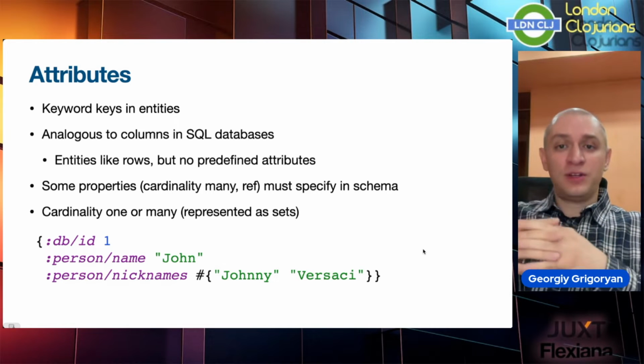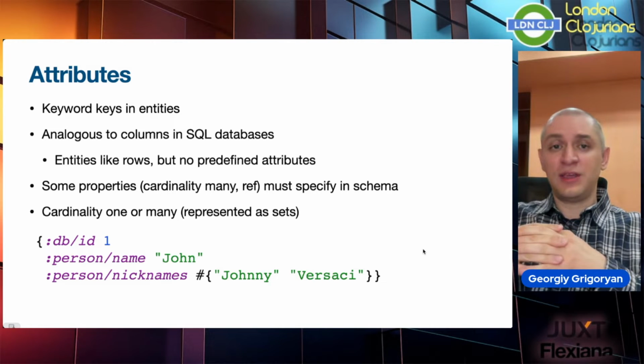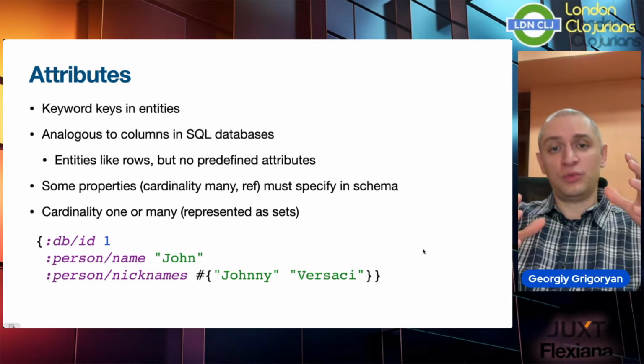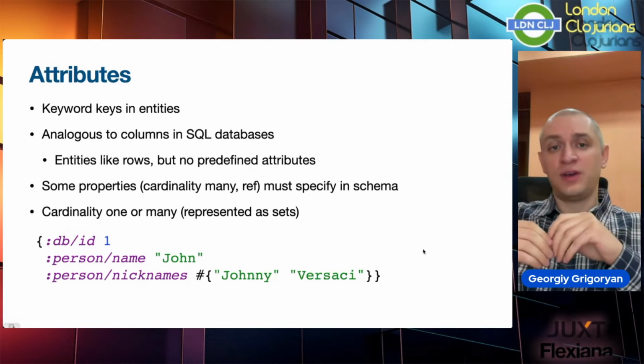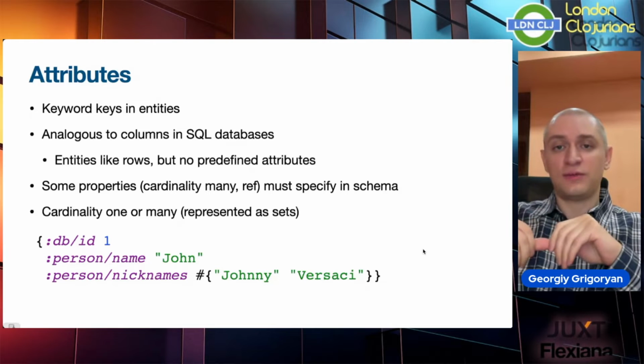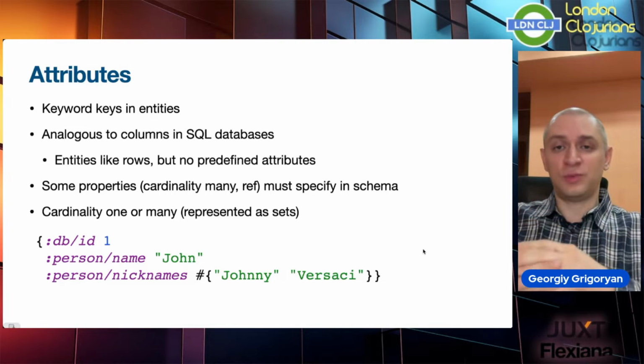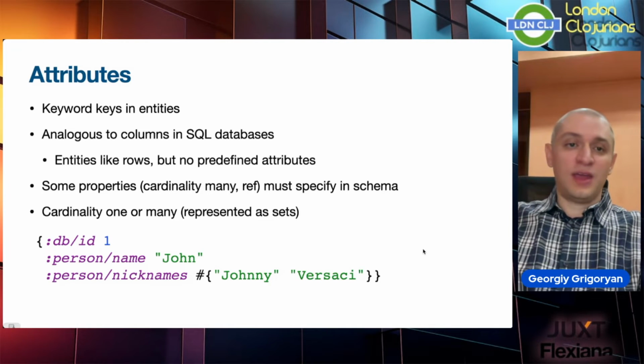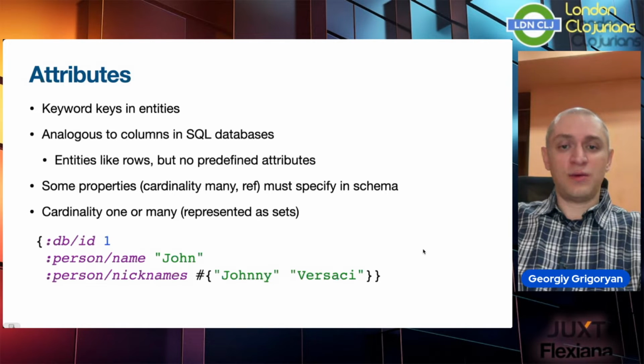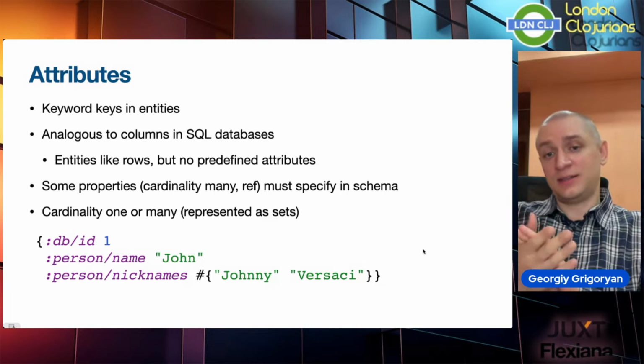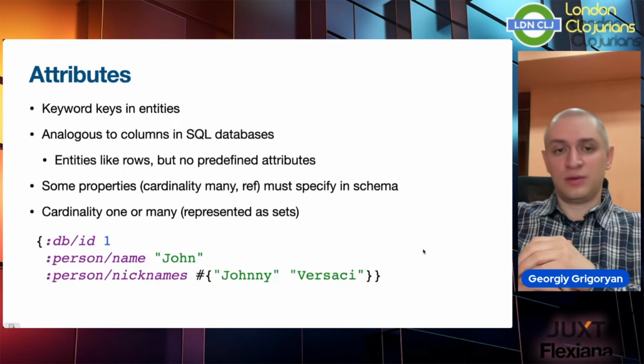And some properties must be specified in the schema. So if you want the attribute to be cardinality many, you have to specify it. If you want it to be a reference, you have to specify it, but otherwise you don't have to specify anything. And just for cardinality many attributes, we represent them as a set, and we'll touch on that later.